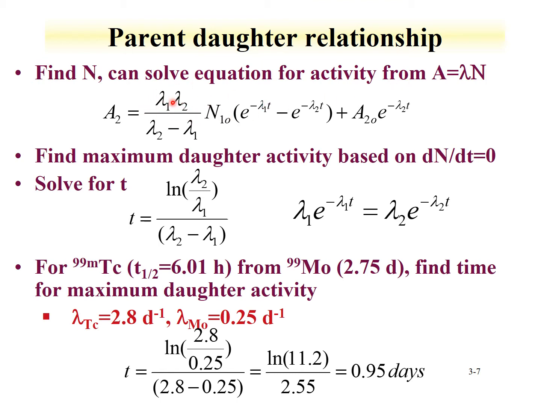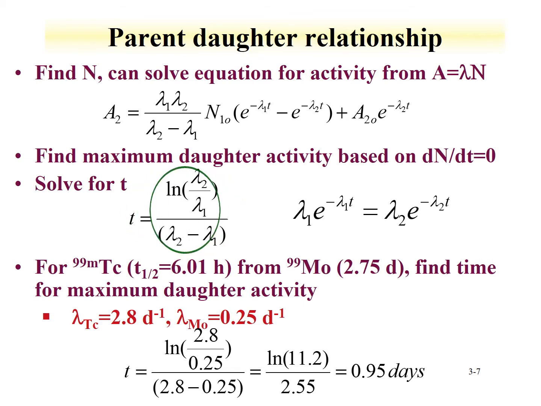So we take the term. Again, we have an initial amount of the parent, and now we have the daughter term. We can use this to find a maximum daughter activity by setting the change of the daughter with respect to time equal to 0. We're maximizing. And let's solve for t.